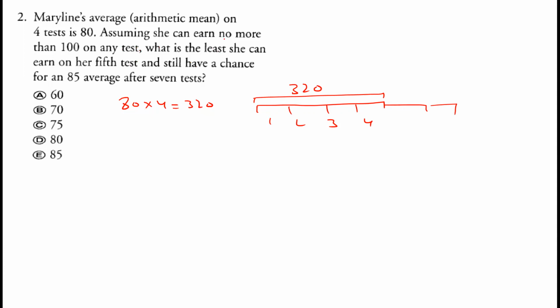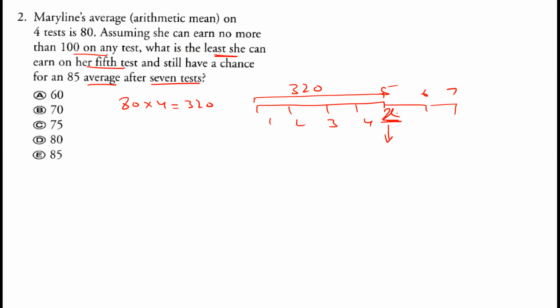Now, assuming she can earn no more than 100 on any test, what is the least she can earn on her fifth test, so fifth, sixth, seventh, and still have a chance for an average of 85 after 7 tests? We need to find this x, and what is the lowest number for this x.